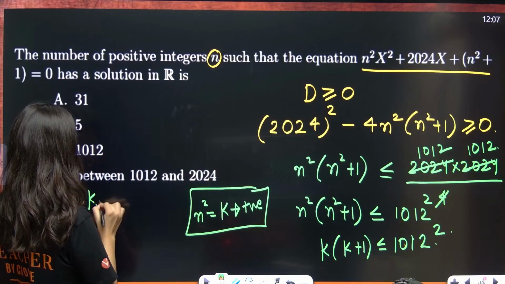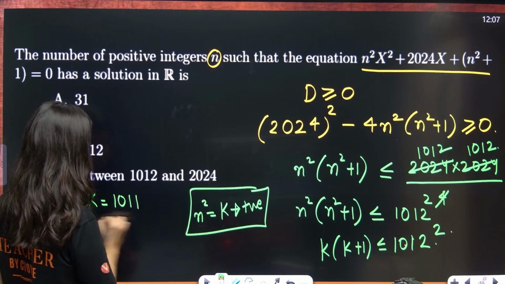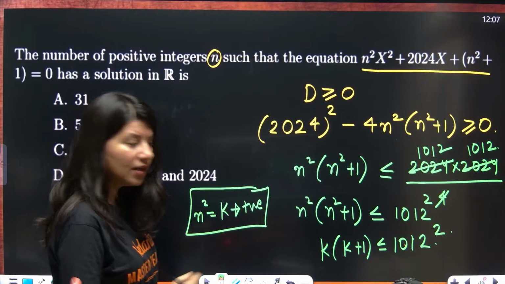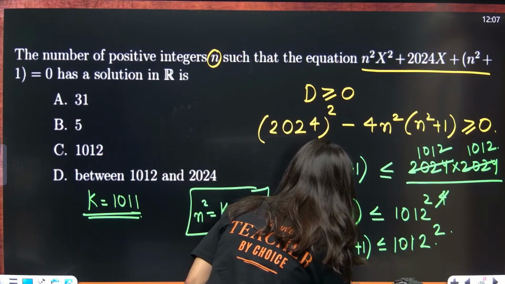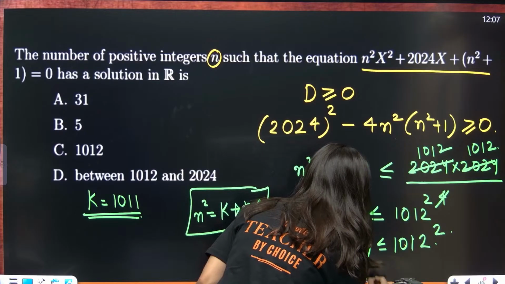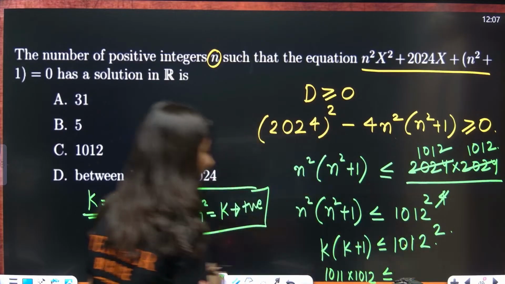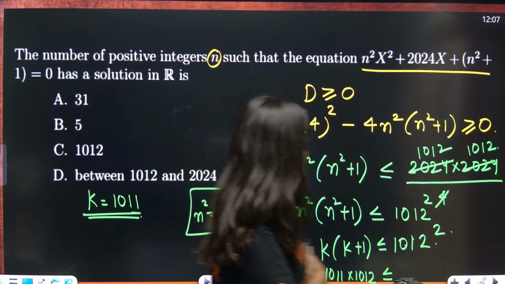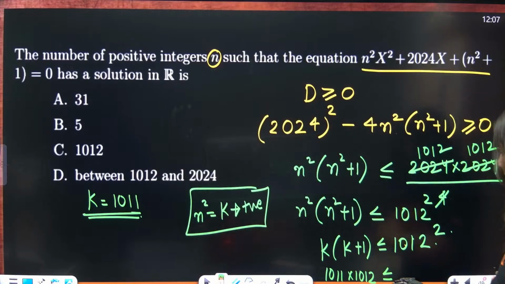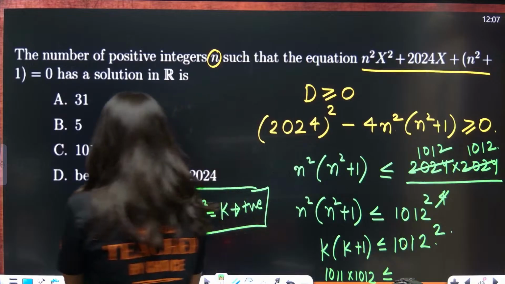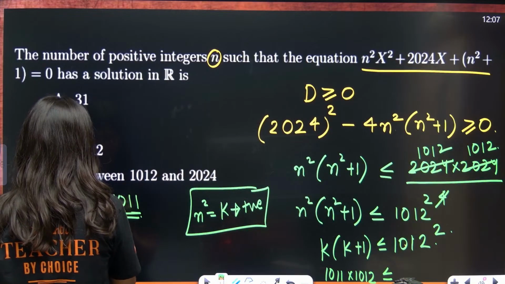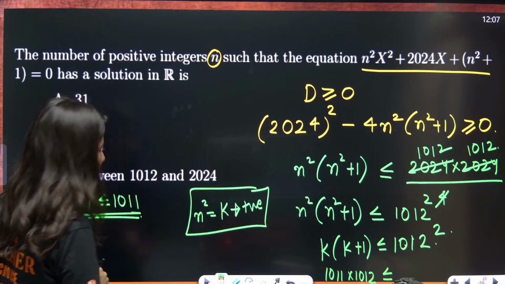Let's see. 1011 into 1012 is less than or equal to this value. Yes, it is getting satisfied. Okay. So k should be less than or equal to 1011.